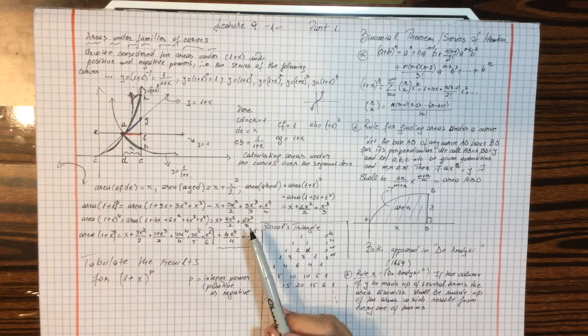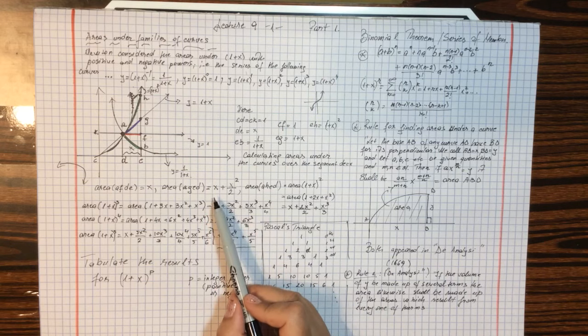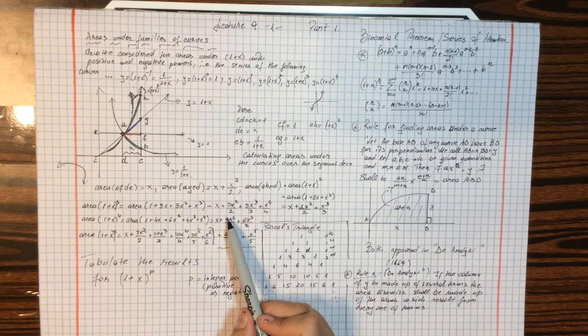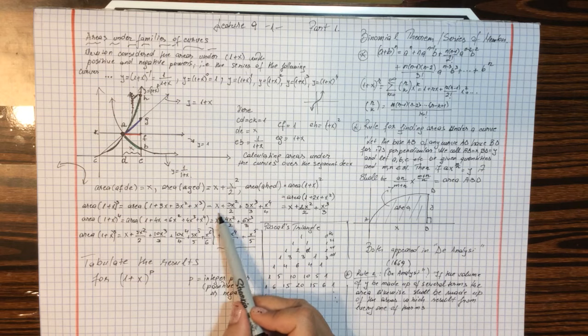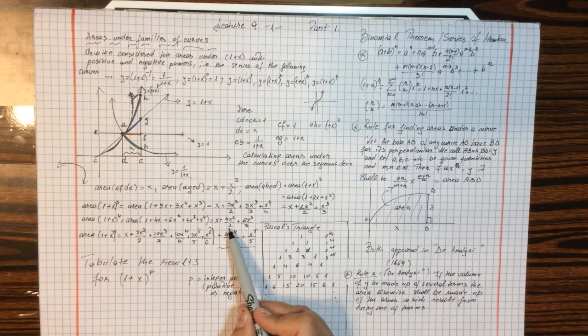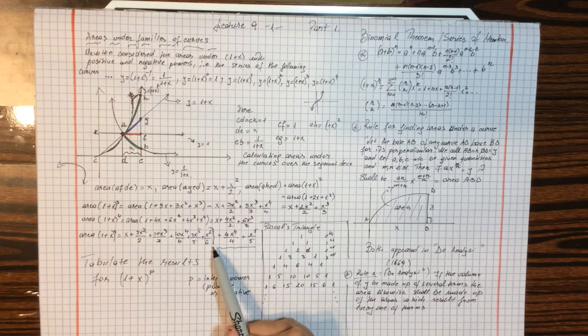The denominators in the formulas of each of these areas. For example, the denominators in the first are 1 and 2. The next one, 1, 2, and 3. The third one, 1, 2, 3, and 4. The fourth one, 1, 2, 3, 4, and 5. And then 1, 2, 3, 4, 5, and 6.